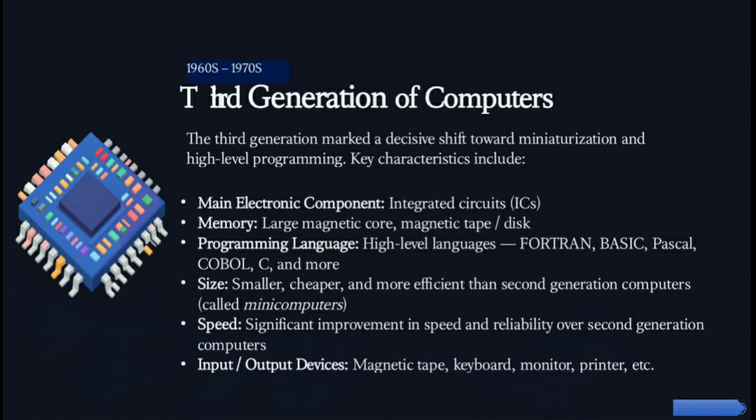Then the number 5 is speed and reliability. The next characteristic is speed and reliability. Third generation computers were much faster and more reliable than second generation computers. Because integrated circuits could contain many components in a small space, computers could process information more efficiently.